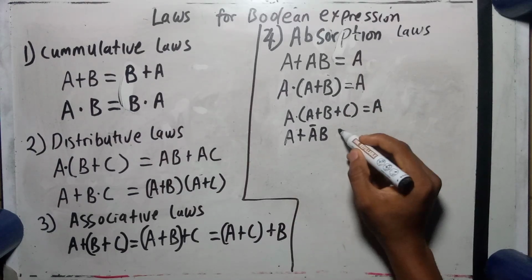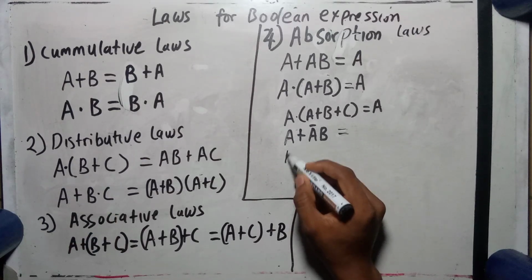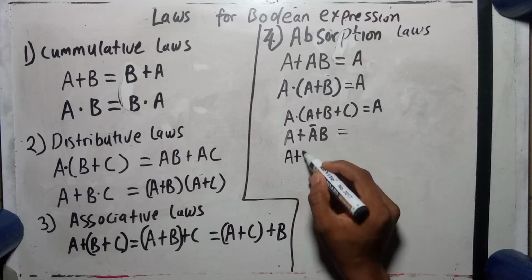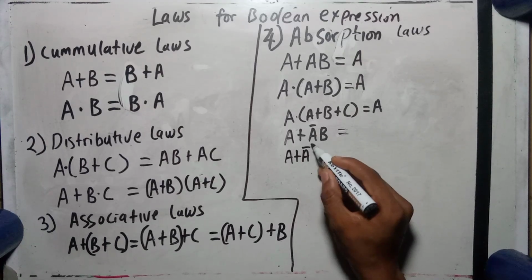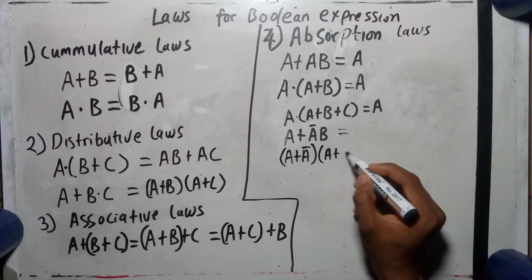You said the answer is what? Let's not write it first. Let's prove it. Looking at this, what can we say? If we use this rule, we can rewrite this as A plus A bar and A plus B.